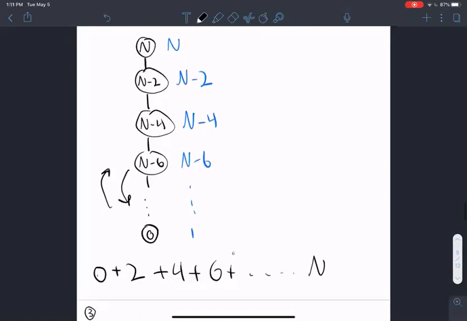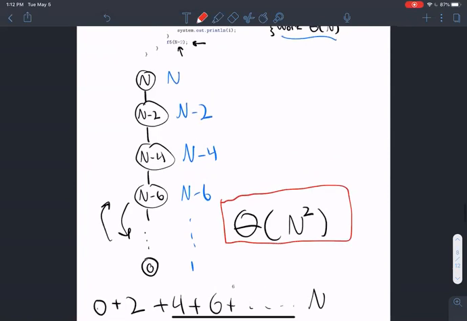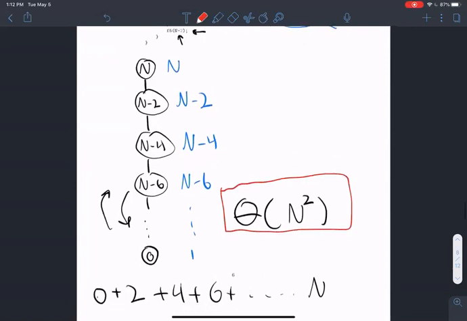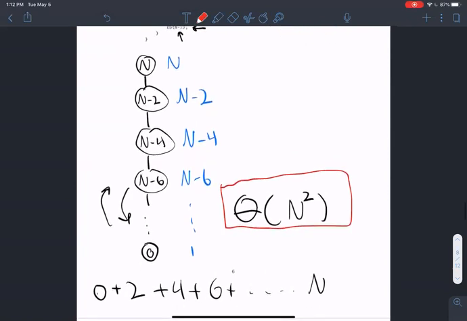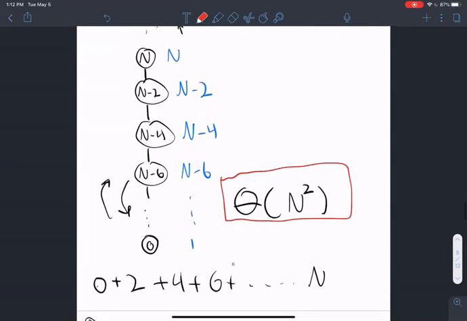So from this, I can conclude that the function is theta of what? N squared. Yeah, exactly. It's just our arithmetic sum, where instead of adding by 1 every time, we're adding by 2, which is totally fine. And even though we know that it wouldn't actually go from 0 to 46, since those are all less than 100, we can just approximate, since n is going to be much bigger than all those. Yeah, you're right.